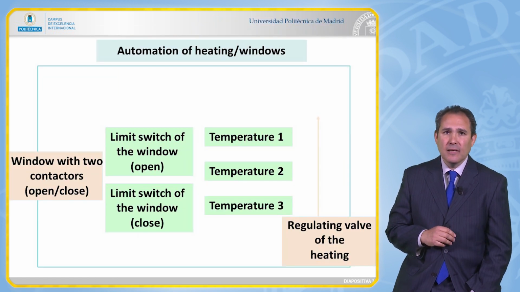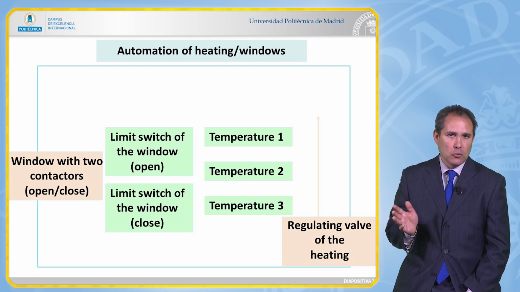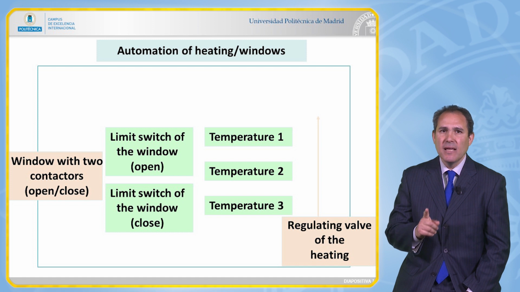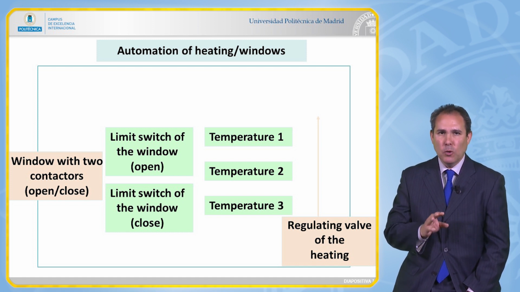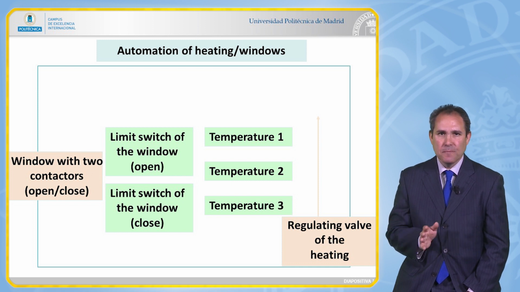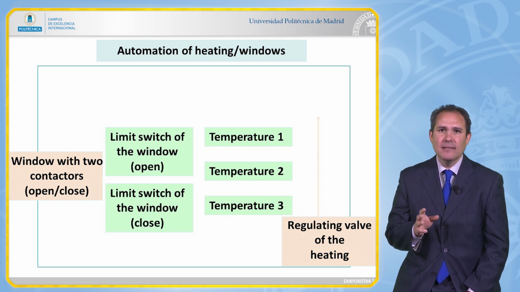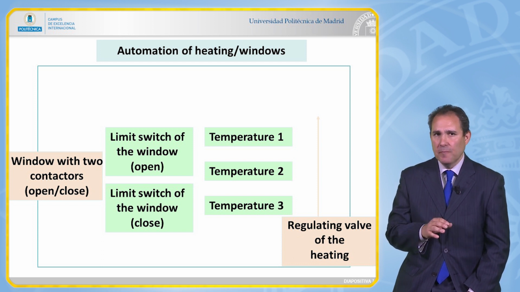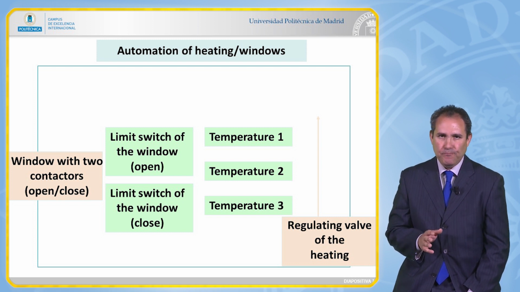The basic criterion for choosing a PLC or a controller is its number and type of inputs and outputs, although other factors can influence, such as the logical functions that the PLC can incorporate or the storage capacity of information.